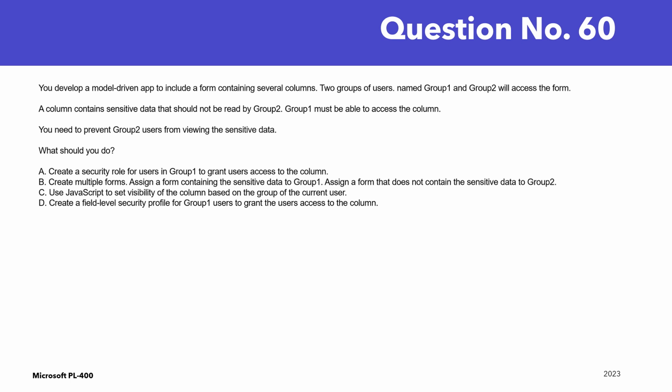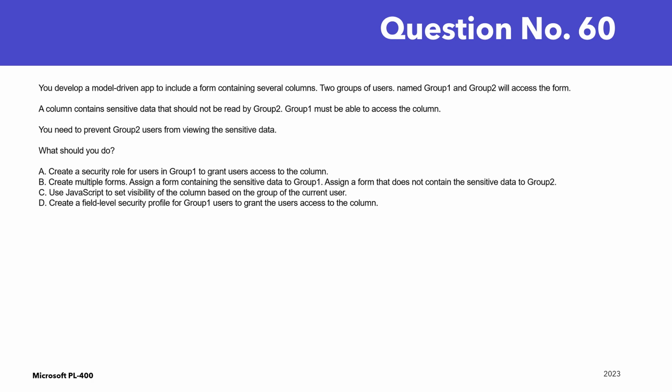You develop a model-driven app to include a form containing several columns. Two groups of users, named Group 1 and Group 2, will access the form. A column contains sensitive data that should not be read by Group 2. Group 1 must be able to access the column. You need to prevent Group 2 users from viewing the sensitive data. What should you do? A. Create a security role for users in Group 1 to grant users access to the column.